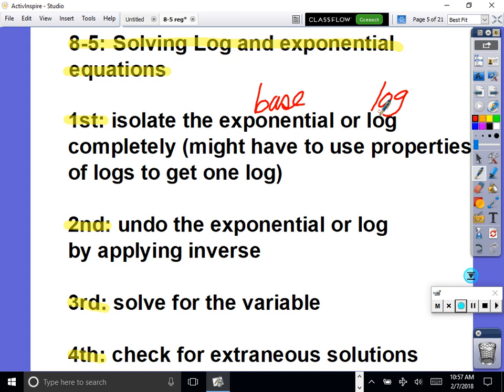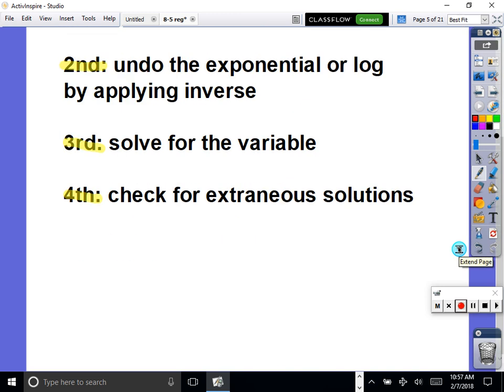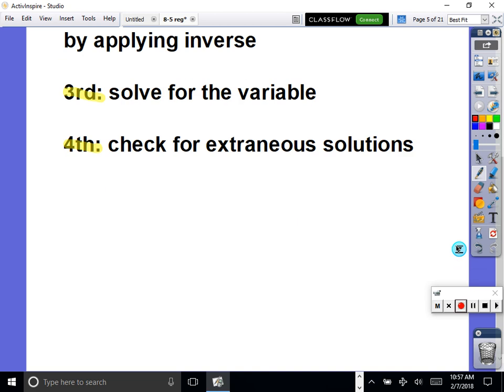I'm going to remind you, an extraneous solution is a solution that you get that, when you plug it back in, is not truly a solution of the original problem. We will only possibly have extraneous solutions for logarithms. If we're solving exponential equations, we're not going to have extraneous solutions. So if you check your answer with an exponential and you get it wrong, it's because you've done it wrong.